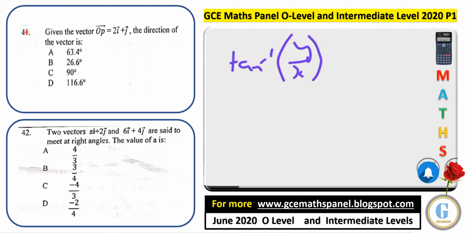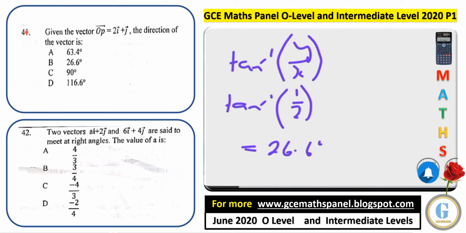This gives tan inverse of, my y component is 1, x component is 2, and this will give you on the calculator a value of 26.6 degrees.